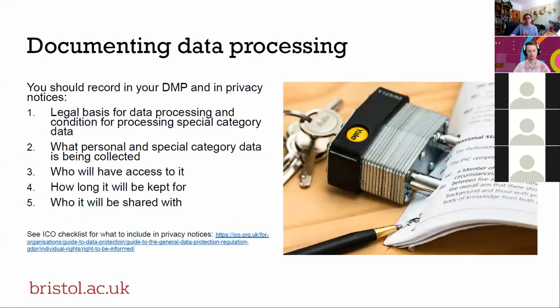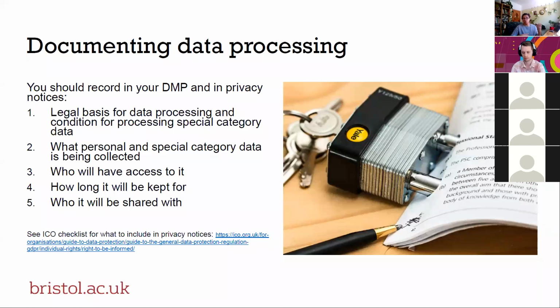Right. So the next thing to note is that you need to document your data processing. This is making sure that you've noted down somewhere what the legal basis is for working with personal data, and the condition for processing your special category data, which is going to be for research purposes.